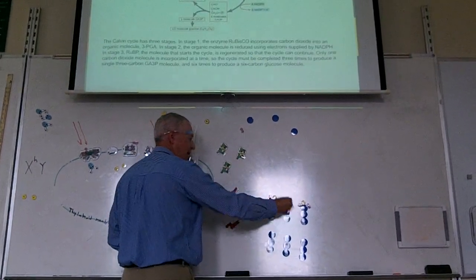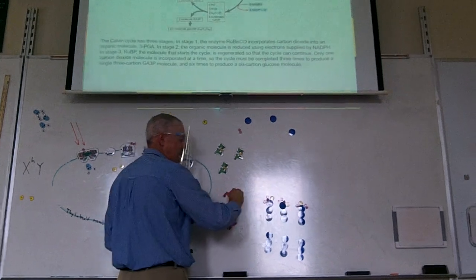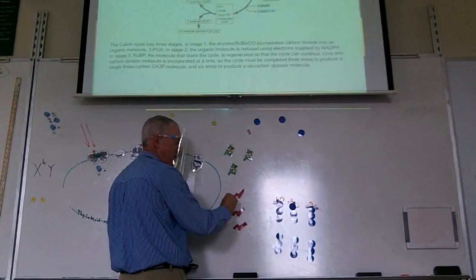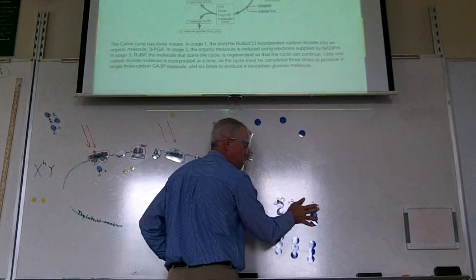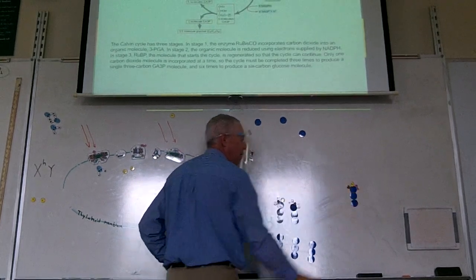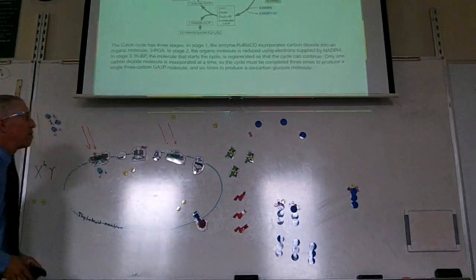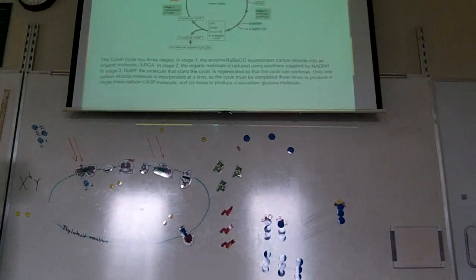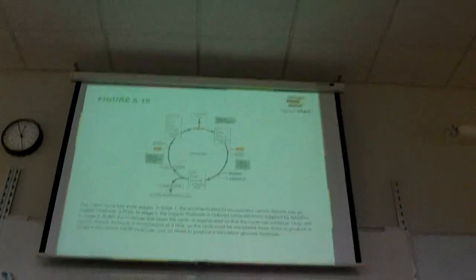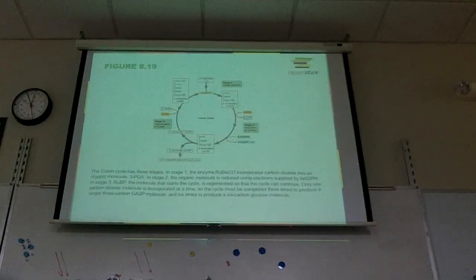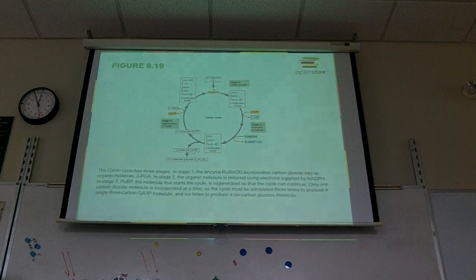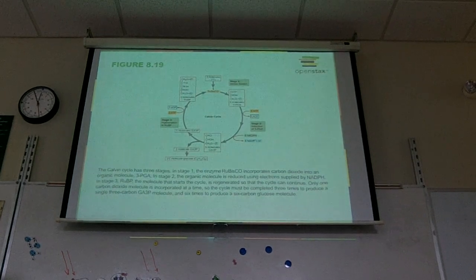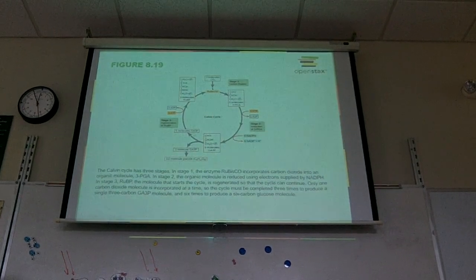Now that they picked up the electrons, they picked up hydrogens, they got some energy from ATP when the ATP broke apart, and now we take one of these molecules and we store it away. And that's what you see here on this arrow that goes down. You see one of the molecules getting stored away. One molecule, GA3P.